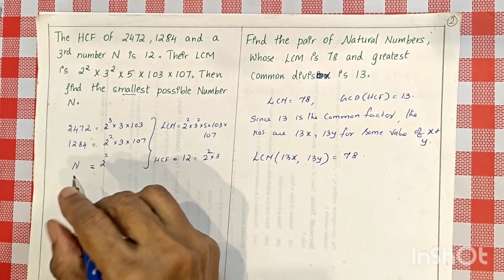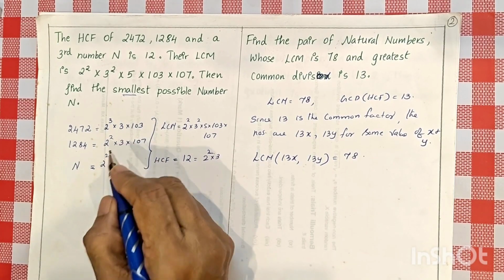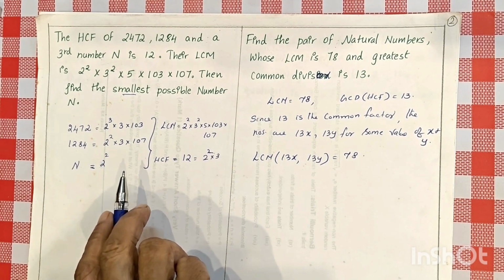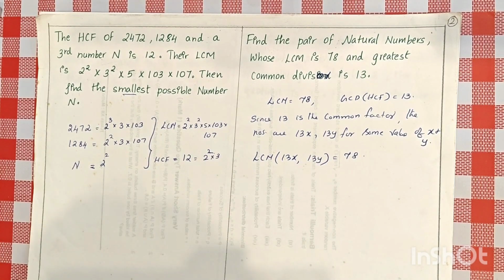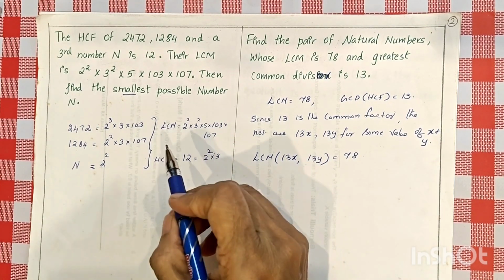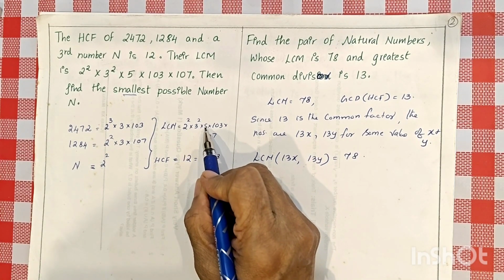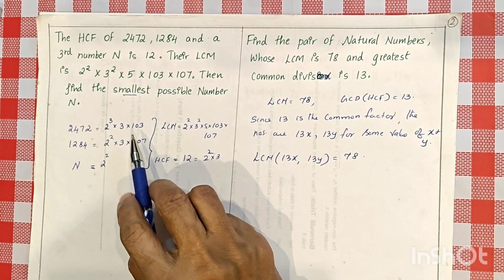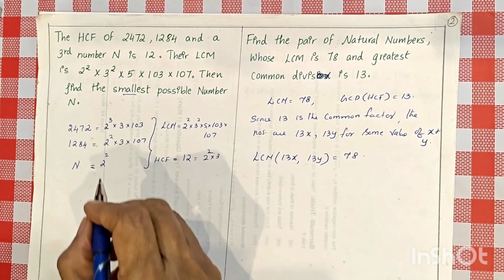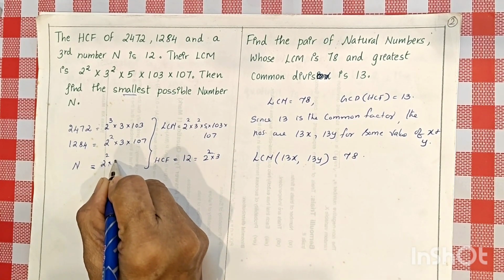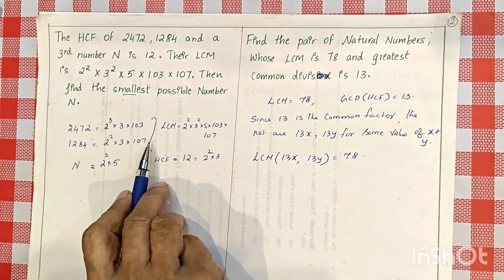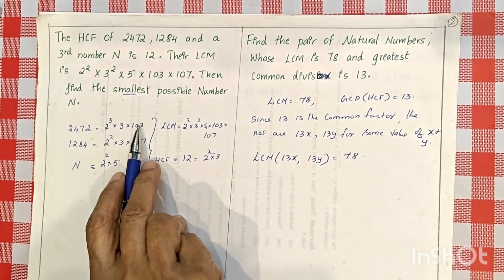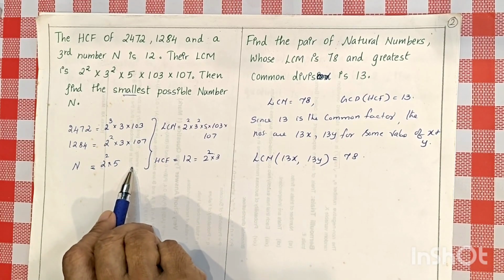So we'll just keep it. So we'll come to 3. 3 also is there in HCF. So that also we will leave right now. We will go to the other factors. 5 is not there in these two numbers. So definitely n should be having 5 as a factor. Then 103 and 107 are there in these, so it need not be in this.